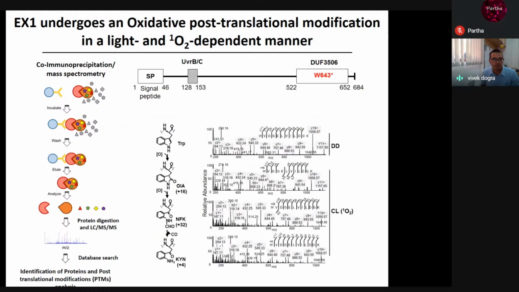And interestingly, this was again a very interesting phenomenon: we found oxidation in a tryptophan residue in this domain. This was something very new for us, that tryptophan is undergoing oxidation, because until now we thought, as a biologist, I always studied cysteine as one of the residues which undergoes oxidation and makes disulfide linkages. But this was something very new.